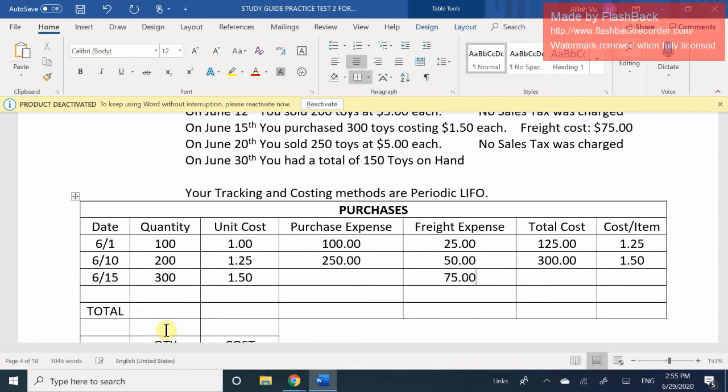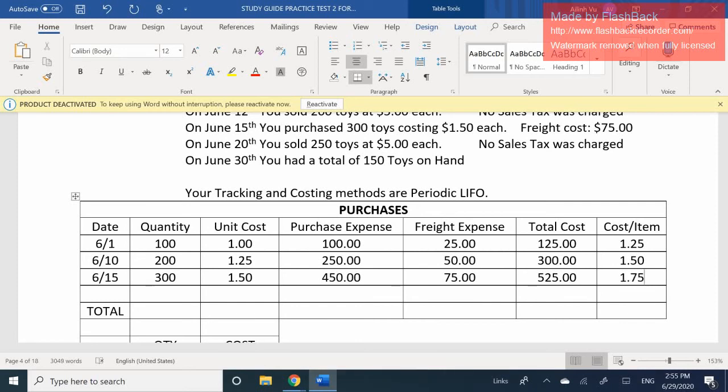All right. So what is my purchase price? $450. Okay. And we add 75, and what do we get? $525. And how much is per item? $1.75.